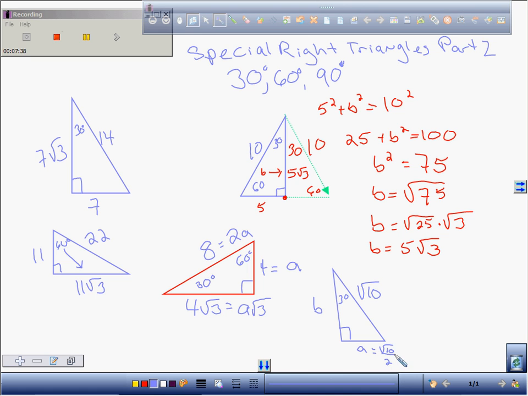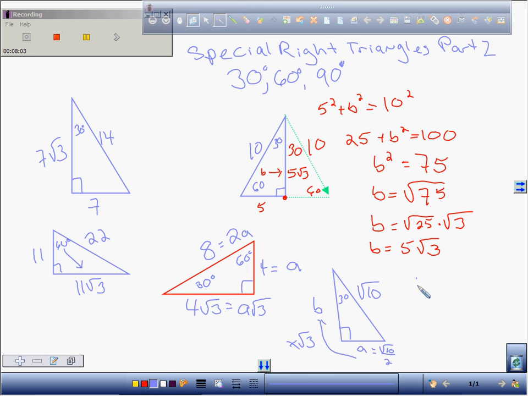Now what do I need to do to this to get this side? Multiply by something. No, not 2. To go from here to here, I have to multiply by the square root of 3. So times by square root of 3. Okay?